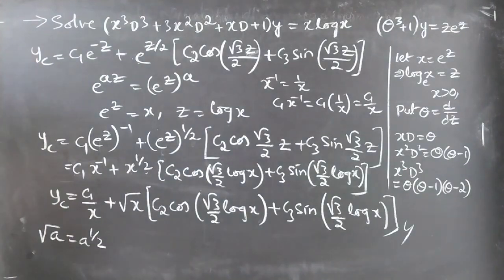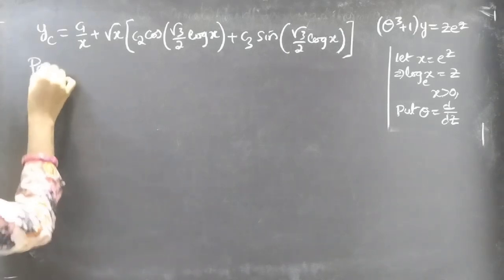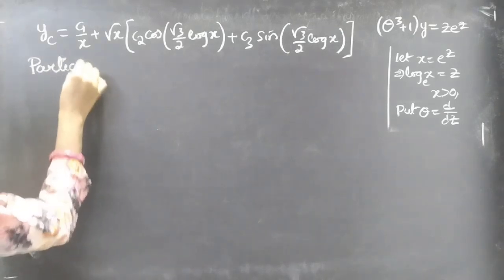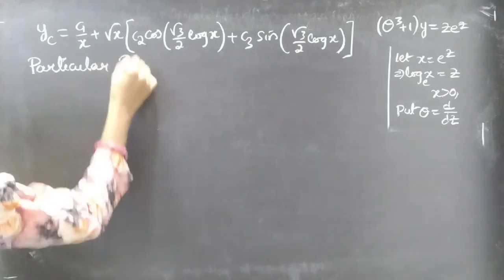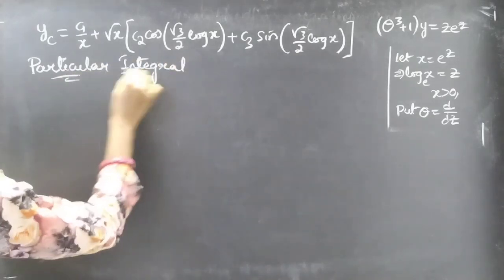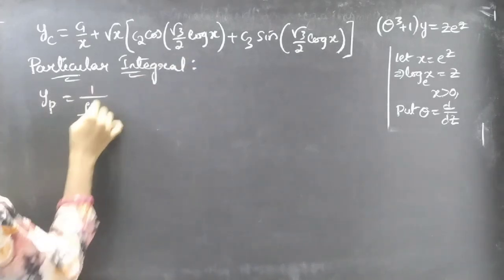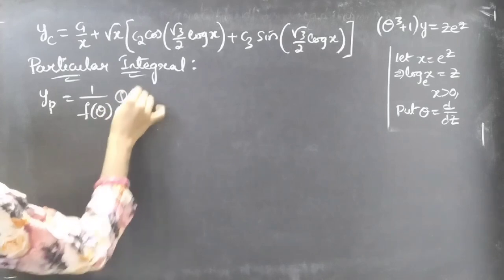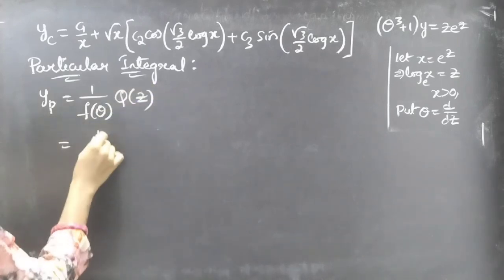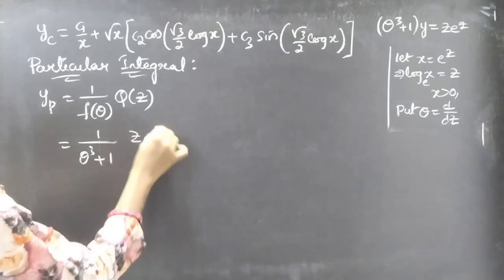So we got yc. Now let's find yp. Now coming to particular integral. We'll find particular integral using yp equal to 1 by f of theta into q of z. We are having f of theta, theta cube plus 1, and q of z is z into e power z.